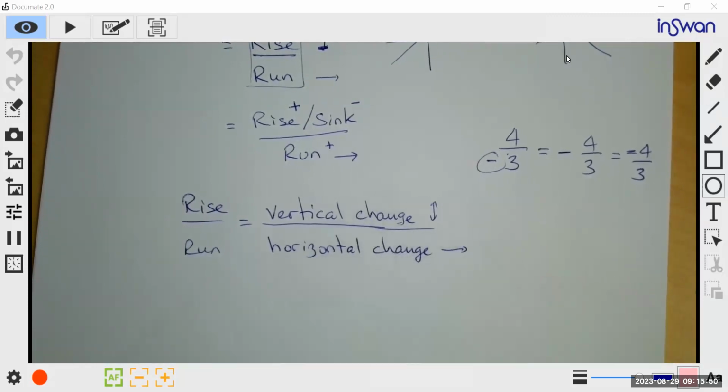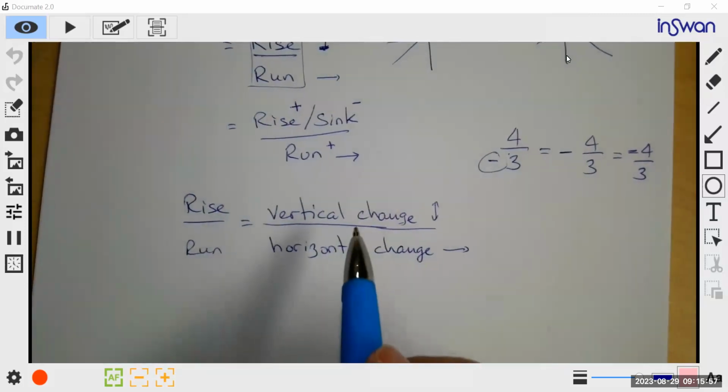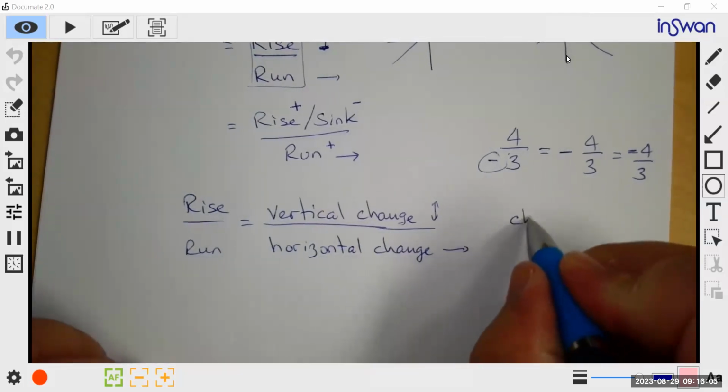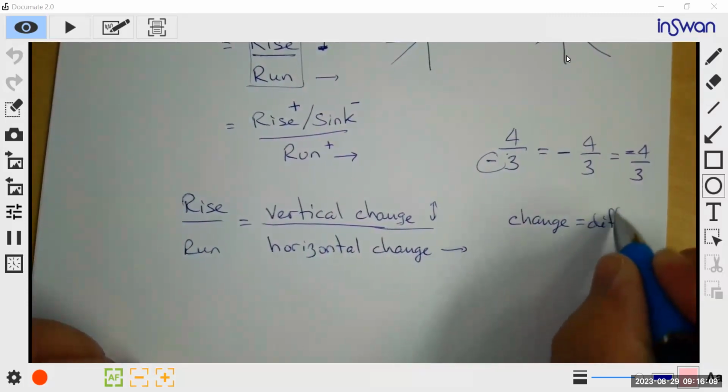Horizontal goes left and right, or in our case, always to the right. How do we determine the change of something? In other words, the word change means the difference.